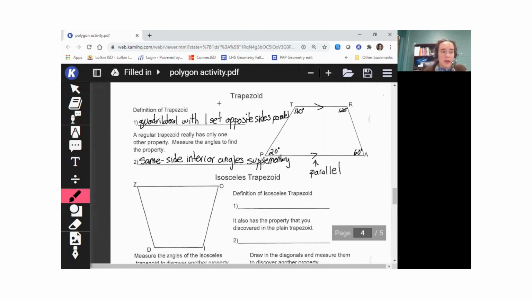Now, when you have an isosceles trapezoid, you do have congruent legs, and that's the definition for an isosceles trapezoid, it's a trapezoid with congruent legs.